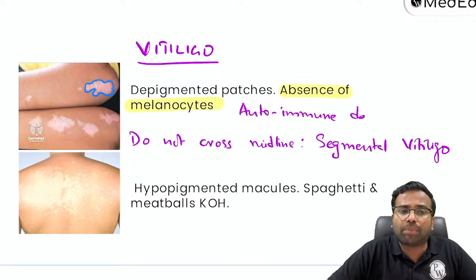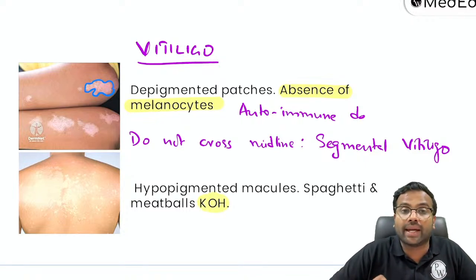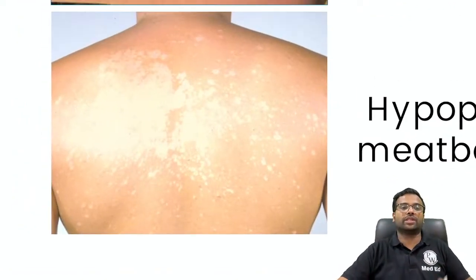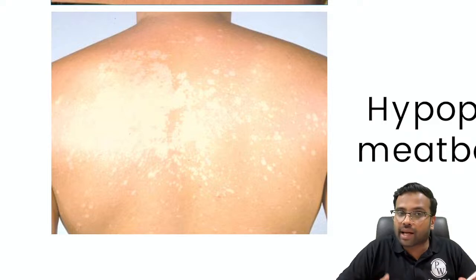You find hypopigmented macules, and there is a mention about KOH once again. In the KOH, you can find spaghetti and meatballs. I'll zoom the image for you. So this is the image. I'll describe the lesion for you.